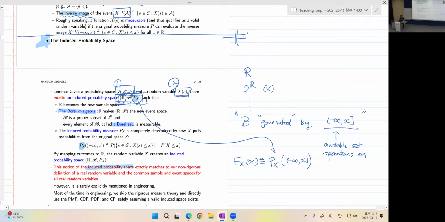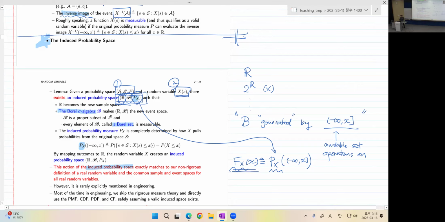And using this induced probability measure, we may define a function. And here comes a surprising thing. Even though this function, capital F sub capital X of x, is defined only for the induced probability measure evaluated on this form of the Borel set, actually they are perfectly equivalent. So if you know the induced probability measure, that is the same as you know this one.